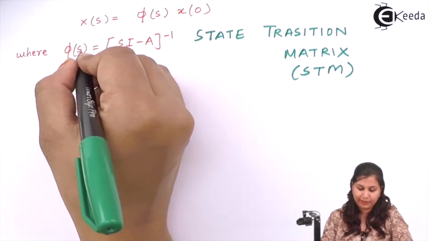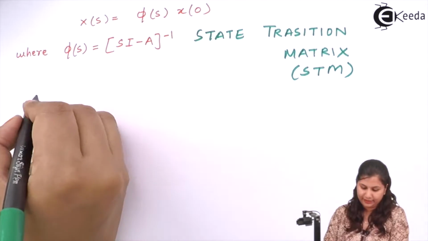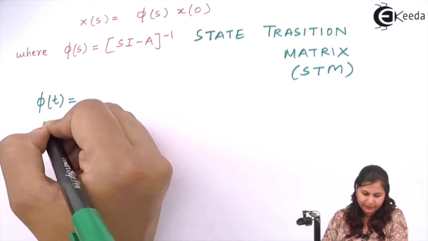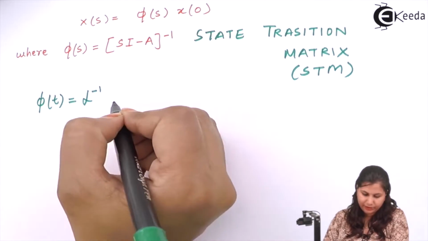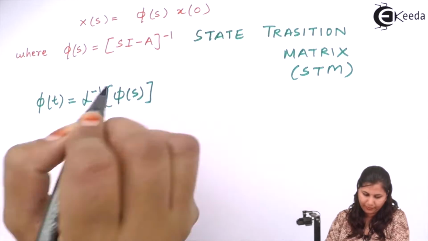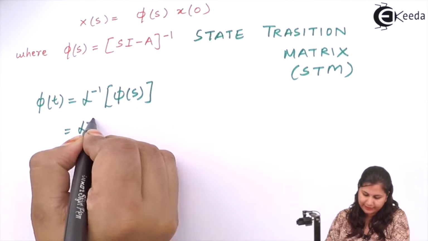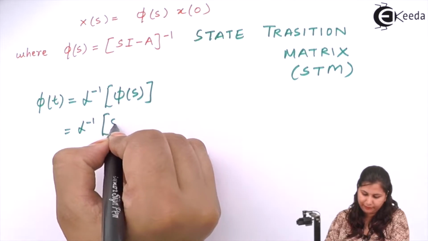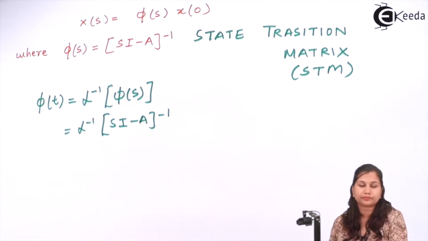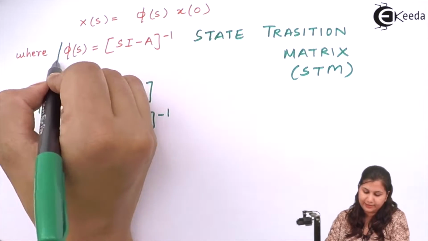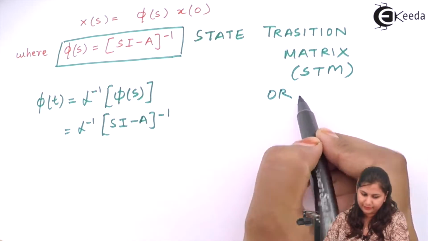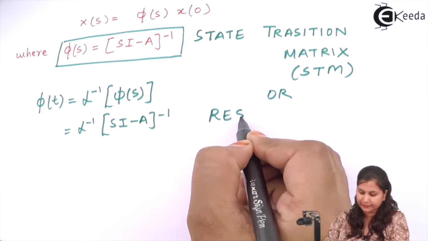Now if we take the inverse Laplace transform of phi s, then phi t equals the inverse Laplace transform of phi s, or we can say it is the inverse Laplace transform of s I minus A inverse. So this is our state transition matrix. Also, it is known as the resolvent matrix.